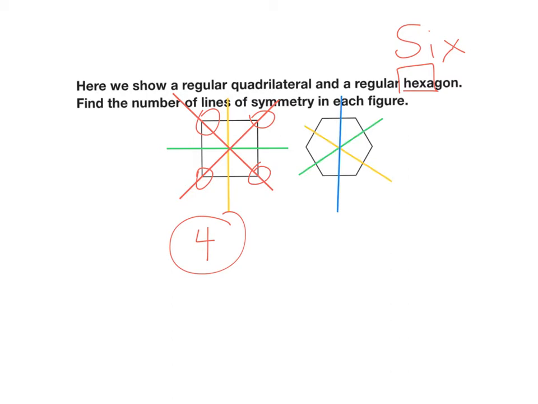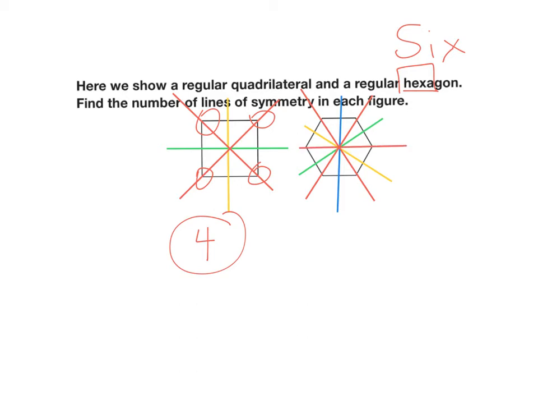Just like the square, we're able to split the hexagon in halves that are reflective, shown by the blue, yellow, and green lines. But then we can also go through and connect the vertices. So far we have 3 lines of symmetry, and then if I connect the vertices, I'm going to add on an additional 1, 2, 3.